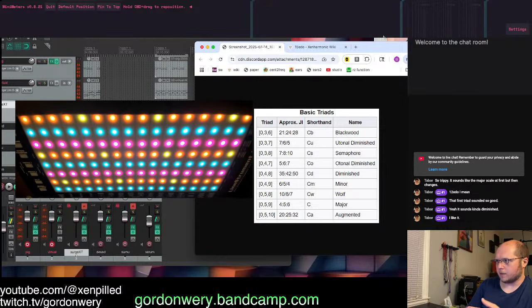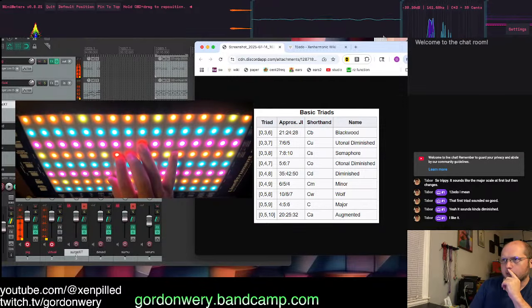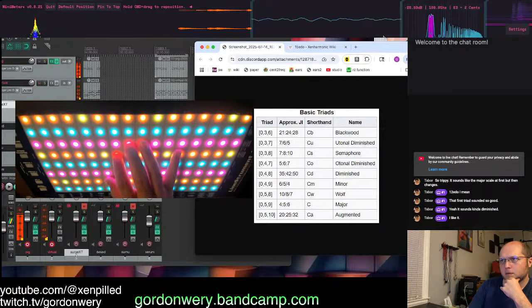It could also be a seventh, depending on the context. That doesn't change the fact though that this sounds kind of diminished, and this sounds diminished.